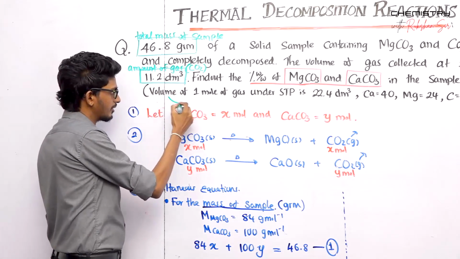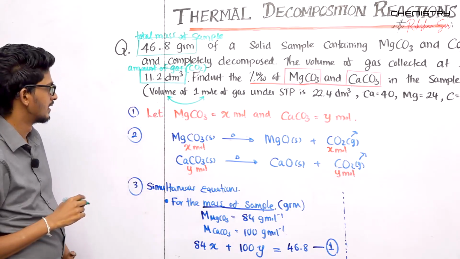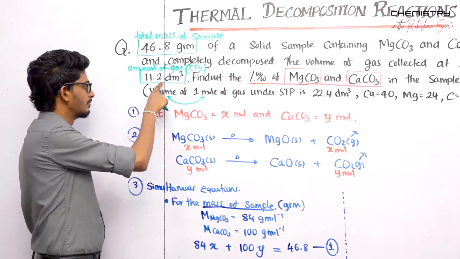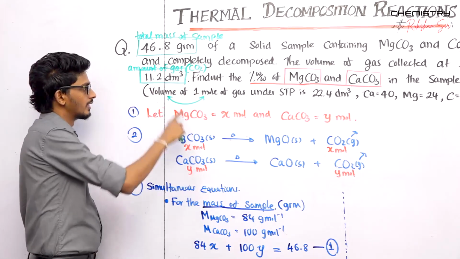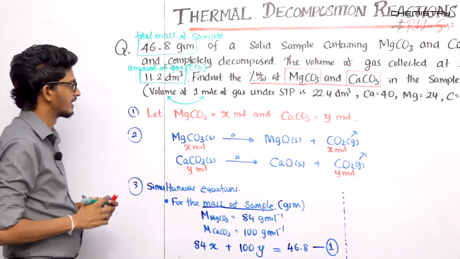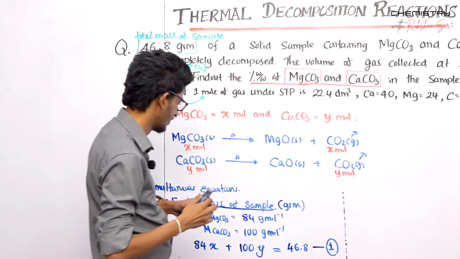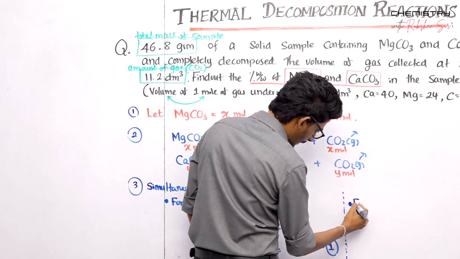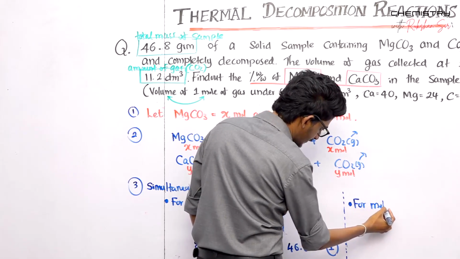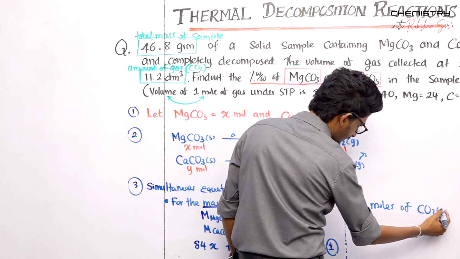They have given us a relationship between the moles and the volume, so this volume can now be converted into moles. So let's write the second simultaneous equation as the amount of moles of CO2 gas.